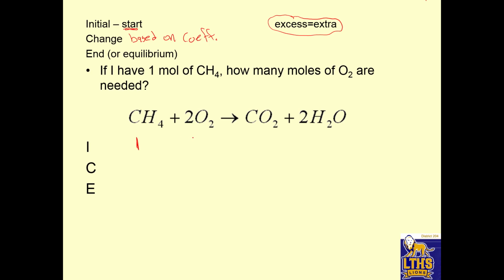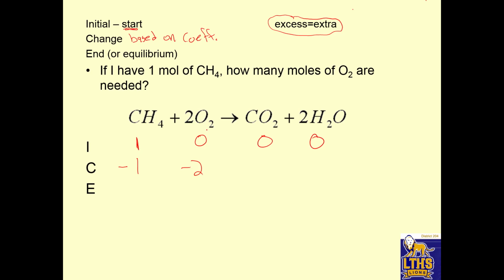So my initial amount, if I have 1 mole of CH4, that means I don't have any of these others. If I give you one value, the other ones are going to be 0, and that should be pretty easily implied. The change is going to be minus 1, my coefficient is 1. This right here would be minus 2, which is where I now get into the tricky part of how much do I need.